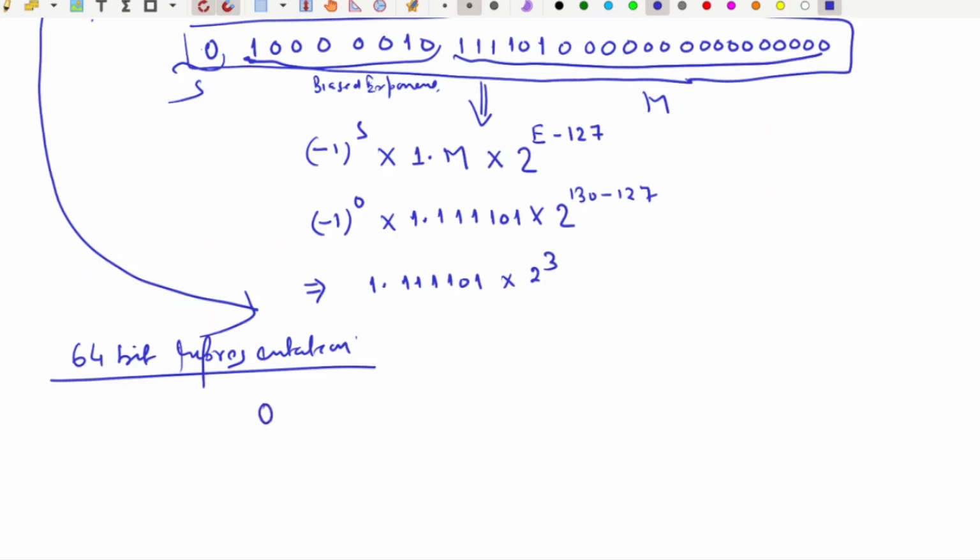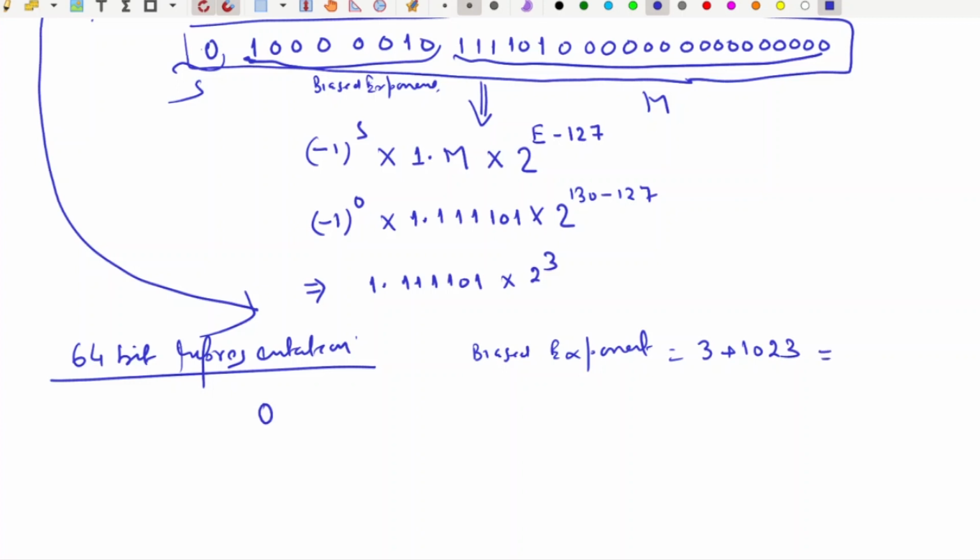This is 0. Then the biased exponent: the biased exponent is equal to the actual exponent, 3, plus the bias 1023.